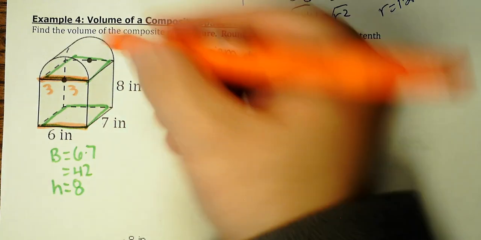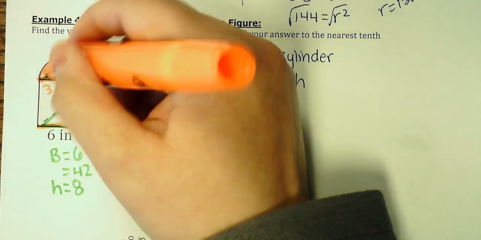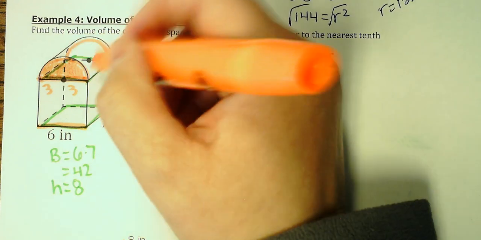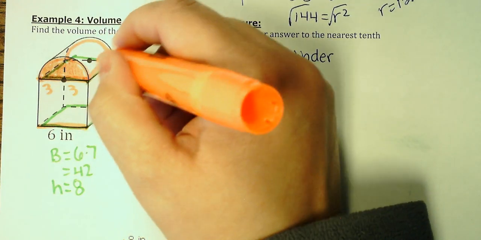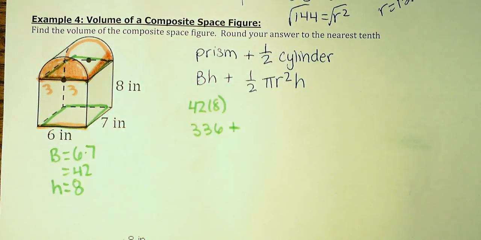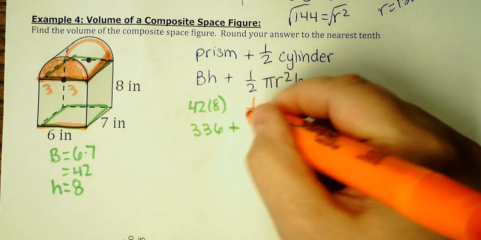Okay, now in terms of the cylinder here that we have, this is tricky. So this half circle here would be my base. So the distance between those two half circular bases is the 7. So that's important. So here I'm going to have 1/2 pi.